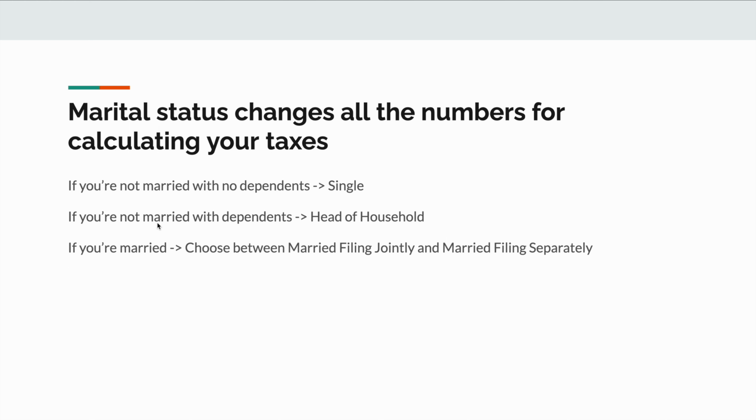If you're not married and you have dependents, then you're called head of household. If you're married, you can basically choose between married filing jointly, which is probably the more common choice, and married filing separately. There's different rules for all these different statuses, and that'll apply different rates to your taxes.